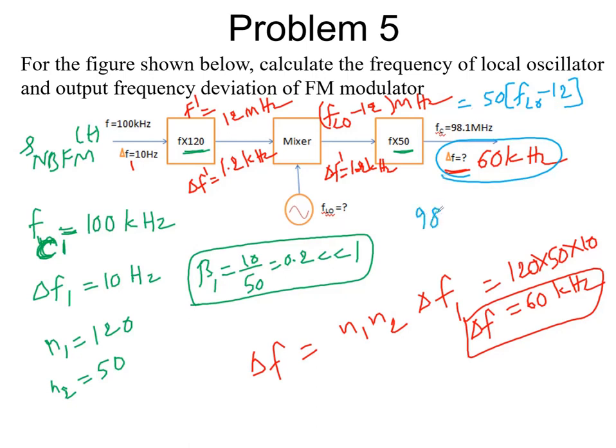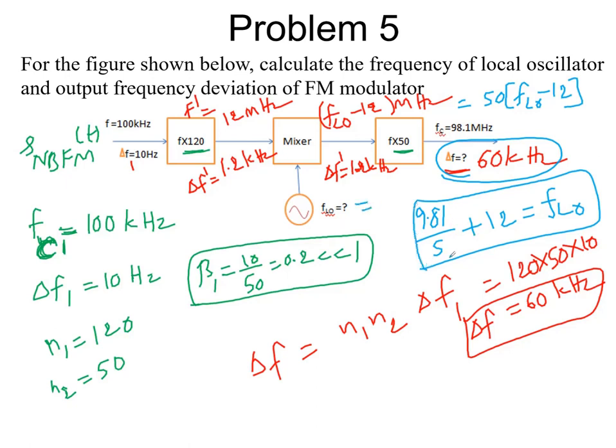That is 9.81 by 5 plus 12 is your local oscillator frequency. If you calculate, 9.81 by 5 is roughly 2, then plus 12 roughly 14. You try to calculate 9.81 by 5 exactly, 1.9 something you will be getting, 1.9 plus 12, 13.9.